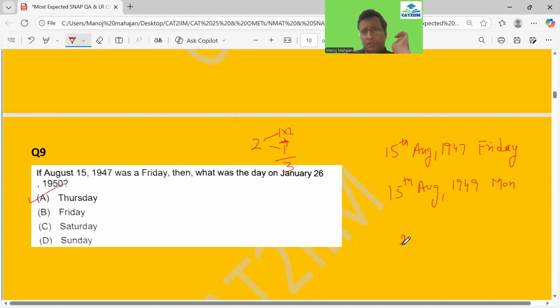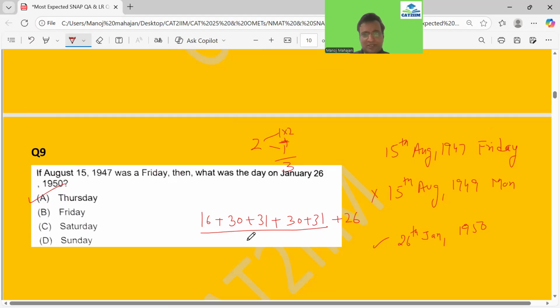Now, if you go further, 26 Jan, we have to reach 1950 out here. So again, the problem becomes counting the number of days. So again, either you include the starting date or the ending date. Do not include both. Do not exclude both. So I'm not counting this, I'm counting this one. So in August, we'll be looking at 16 days. September 30, October 31, November 30, December 31, and January would be 26.